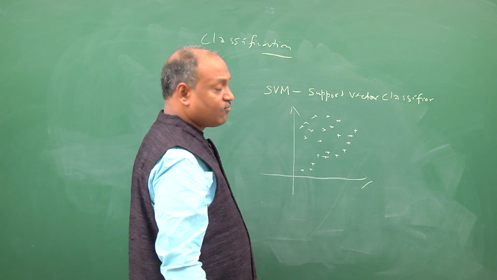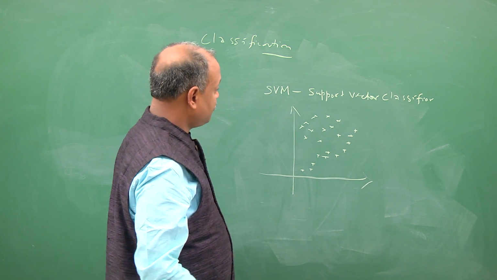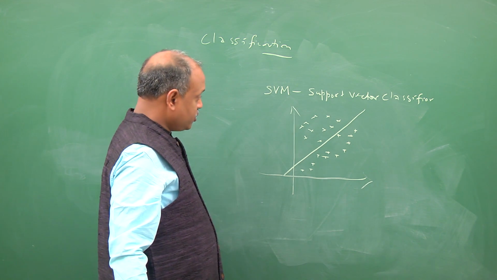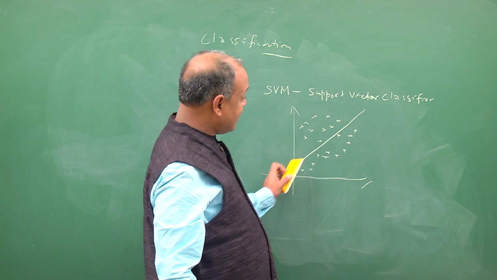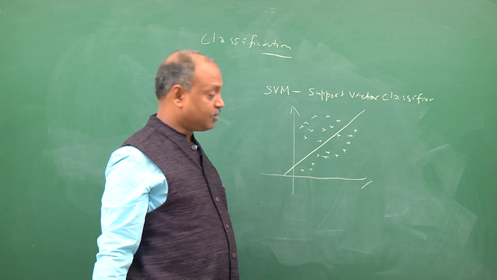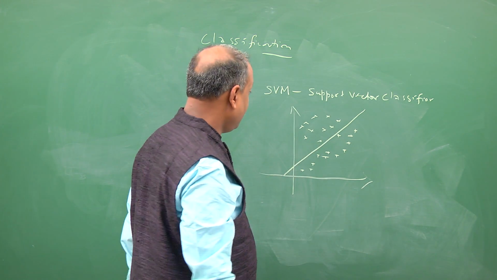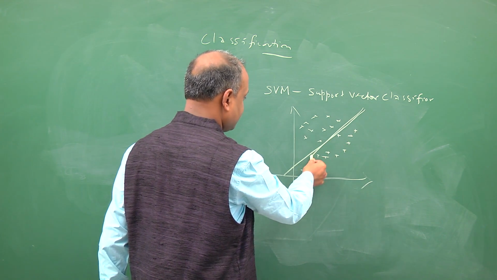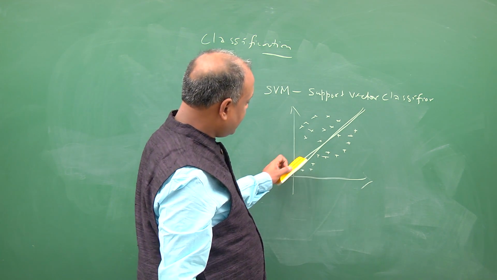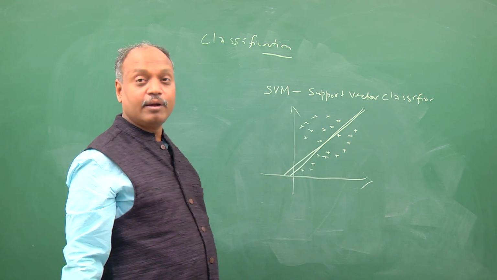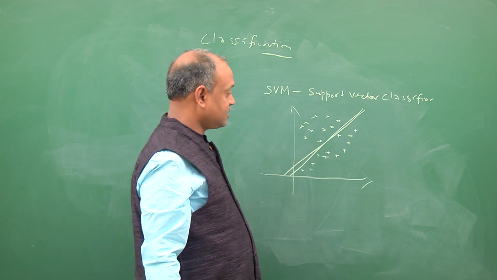Suppose we have a very simple separation of these by means of a straight line. Can we say that this is a good candidate classifier for separating these two classes? I would say yes, because it's able to separate them both. But then I come back and create another line like this. Even this line is able to separate both sets of points into two separate classes.